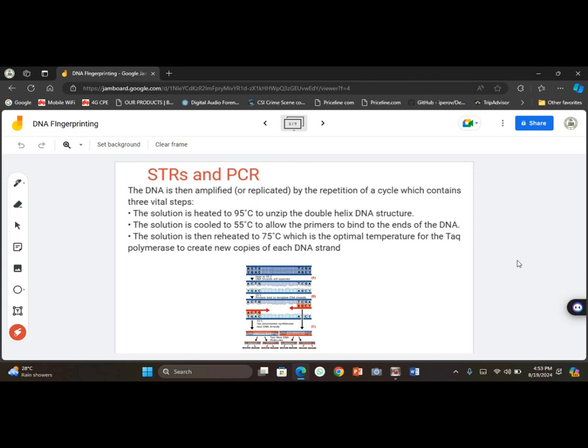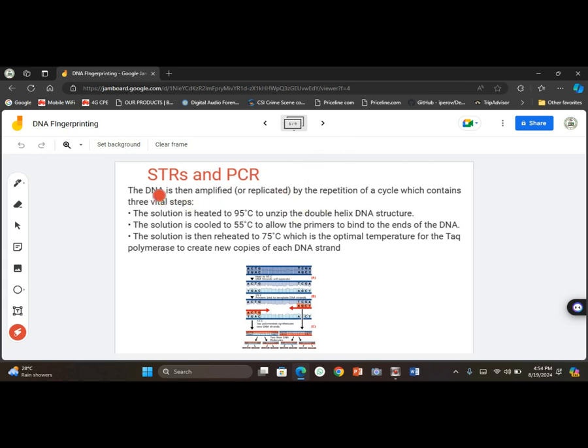The whole PCR process takes only a few hours, that is, the process of replicating it takes like 2 hours to complete, compared to the RFLP or VNTR probe, which will take a whole day, and the whole process in that approach will take days. With this one, within some hours, you can get a result of fingerprinting from STR.